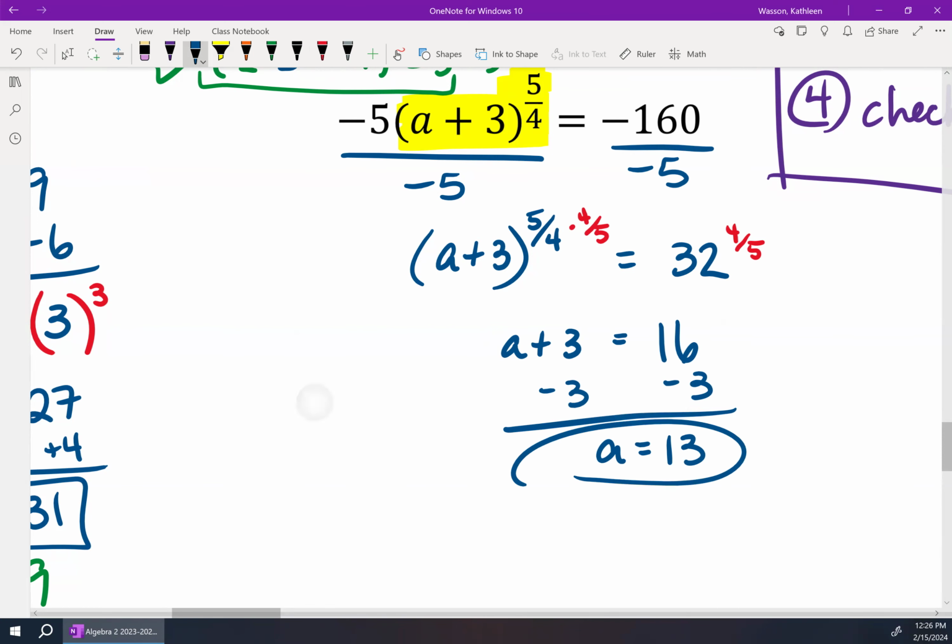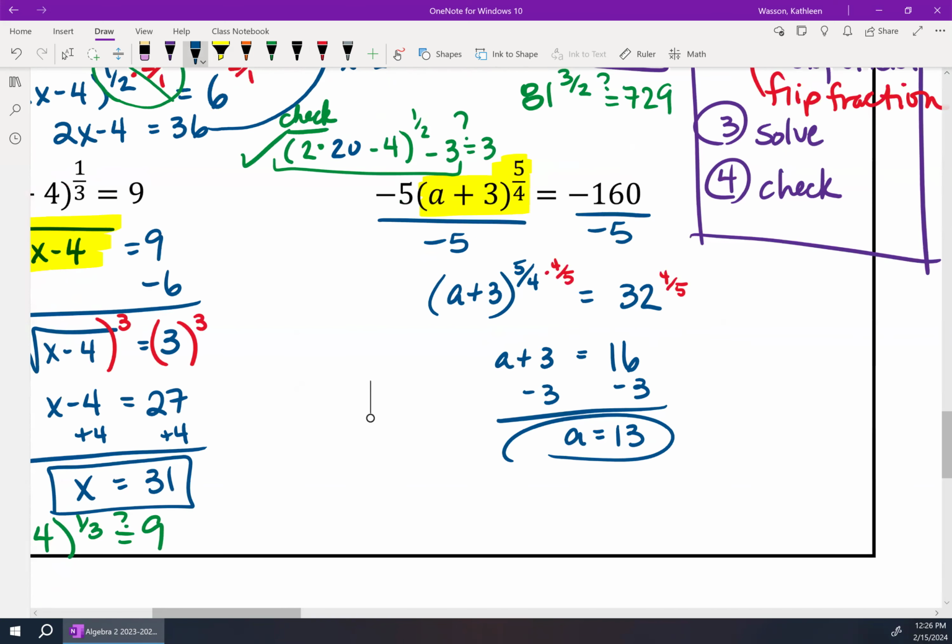And you check it. Okay, you put 13 here in the original equation. Just to make sure that -5 times 13 minus 4, plus 3, sorry, look at that other problem, the 5/4 power is equal to -160.